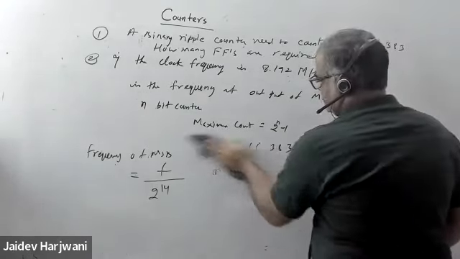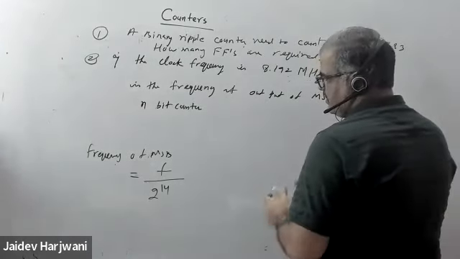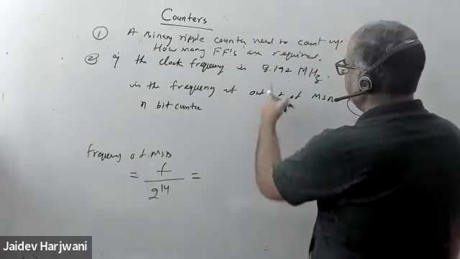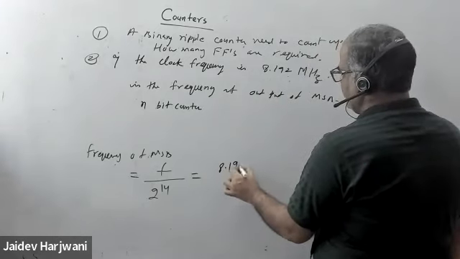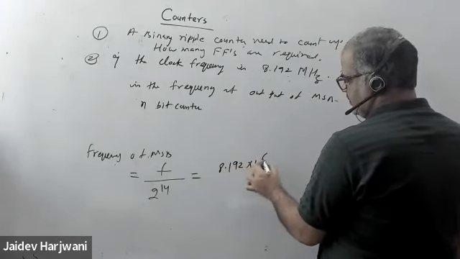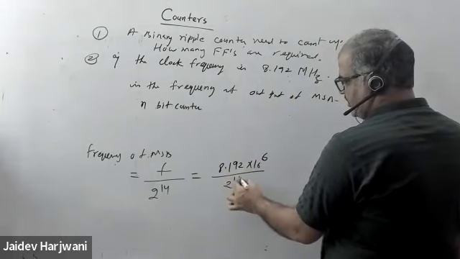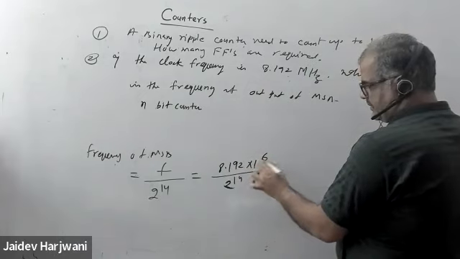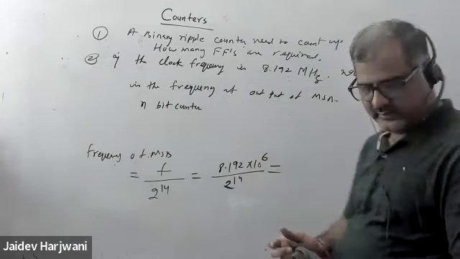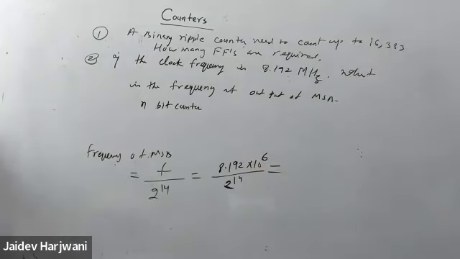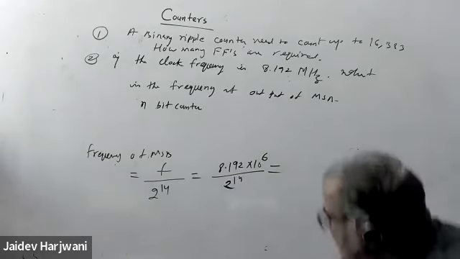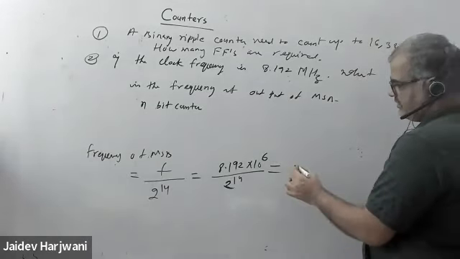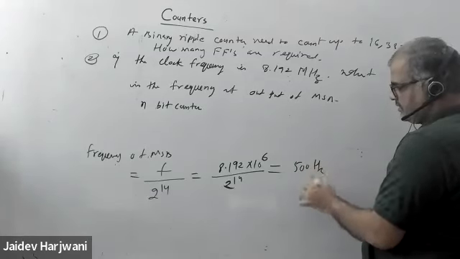So f is your 8.192 megahertz, 10 power 6 upon 2 raised to 14. What is coming? 500. Okay, very good. So the frequency of MSB is 500 hertz. This is your answer.